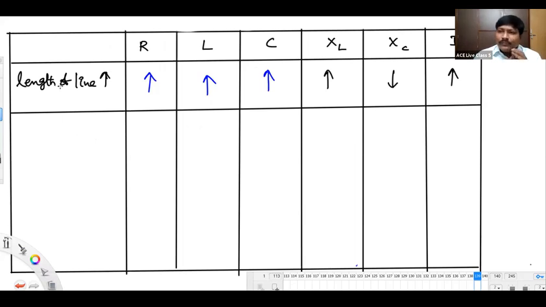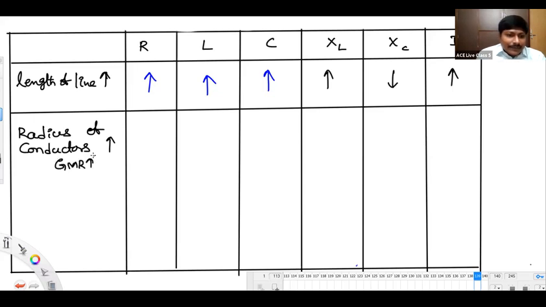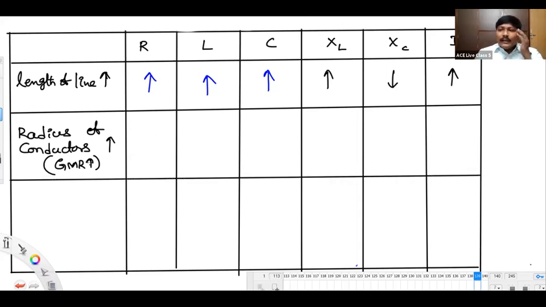Next one. Radius of the conductors increasing. Size of the conductor is increasing. If radius of conductors is increasing, definitely the GMR value will increase.